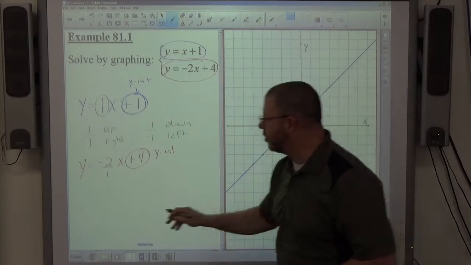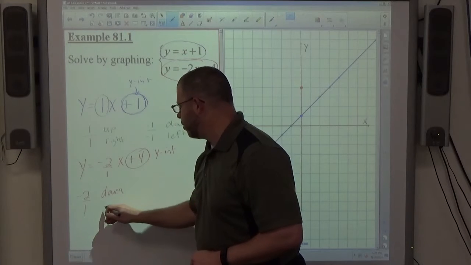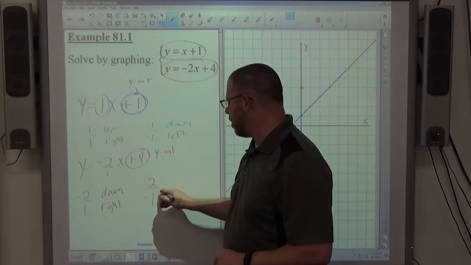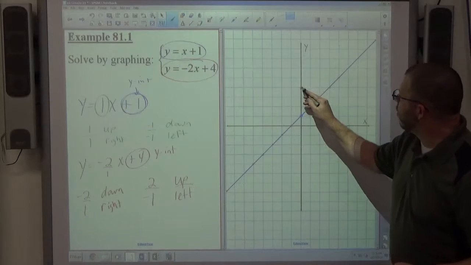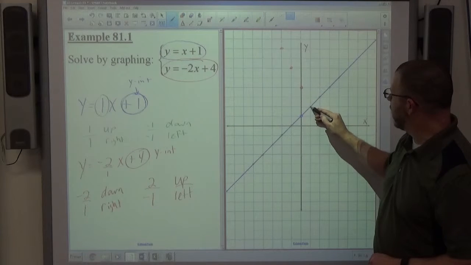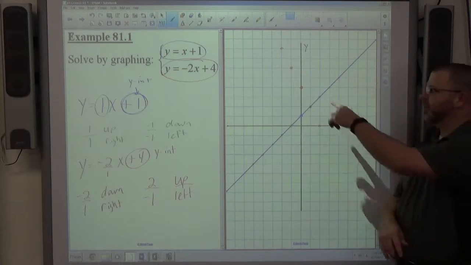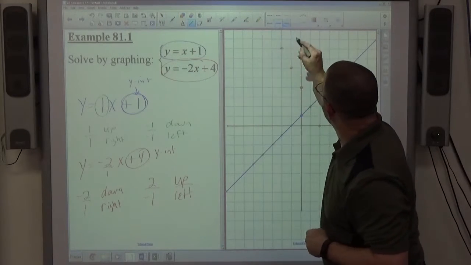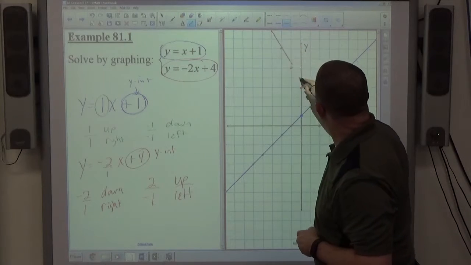The slope of negative 2 over 1 is going down 2 and right 1, or it could be 2 over negative 1, which is up 2 and left 1. If I go up 2, left 1, or down 2, right 1, it doesn't matter which direction you go. Start at the y-intercept and then apply the slope to get the other points. We connect those dots with a nice straight line, like so.